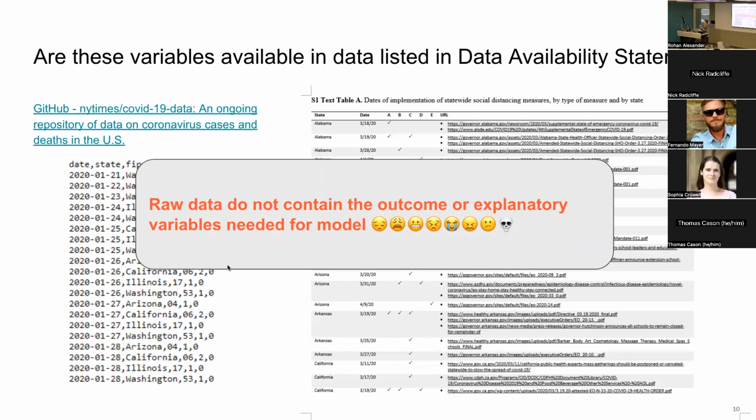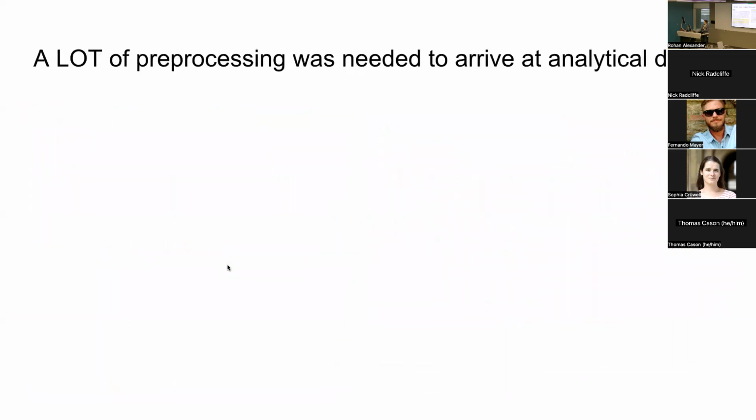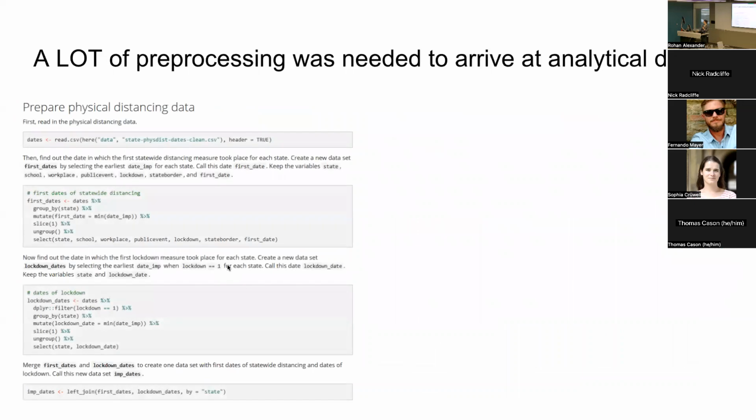And we had to do a lot of pre-processing to arrive at the analytical data. And not to mention there are missing values, inclusion, exclusion criteria, date restriction that we have to parse through the text to arrive at the final model. So a lot of pre-processing was needed, again, to arrive at the final data.